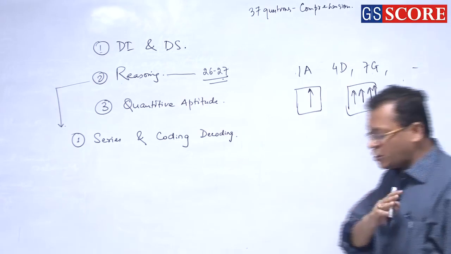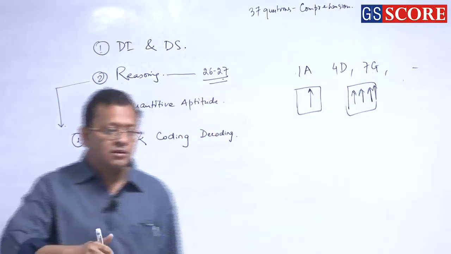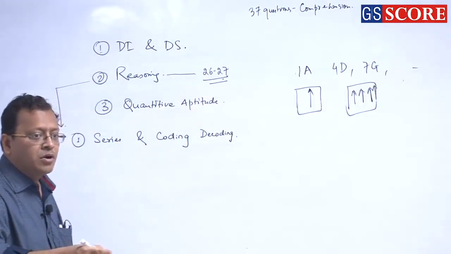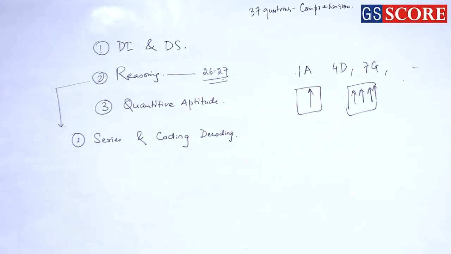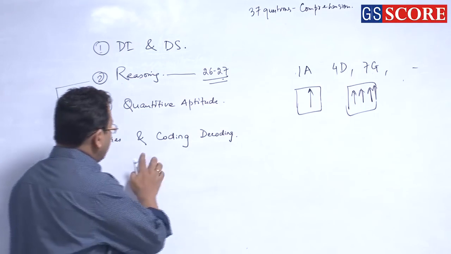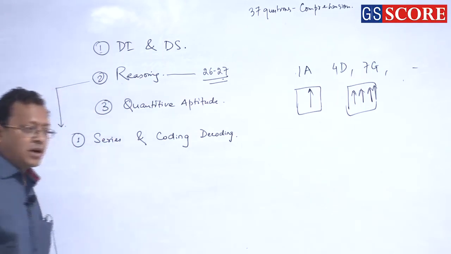The questions in series can be what is the next letter or number. Also, which out of this series is the wrong number or the wrong letter. This also can come. A variety of questions can come in the series part, like which is the odd one out.